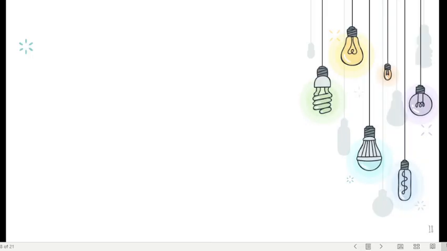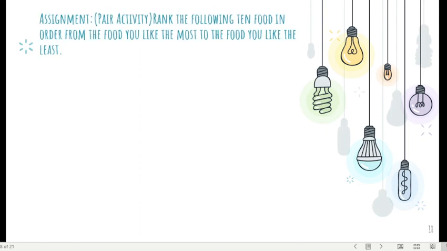For your assignment, I would like you to have a fun activity. This is a pair activity. Choose anyone from your classmates that you can easily communicate with online, on any platform that you want. You can use Messenger or Google Meet. Rank the following 10 foods in order, from the food you like the most.